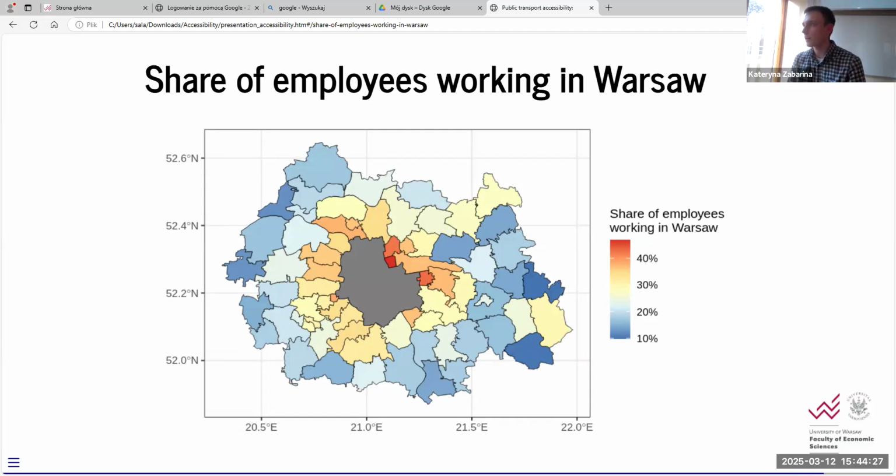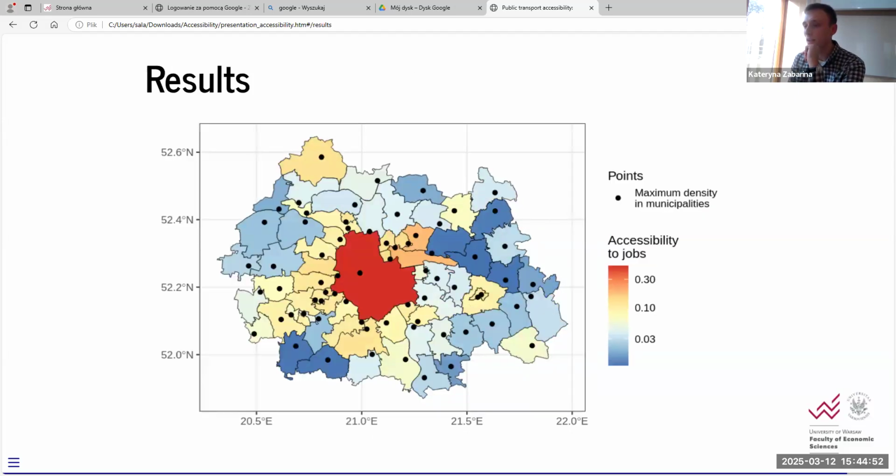So I placed it here because I would suggest that here too we can suspect there will be some radial pattern, very focused on Warsaw, and the results of the previous calculations take into account the self potential of those communities, but also the demand size.